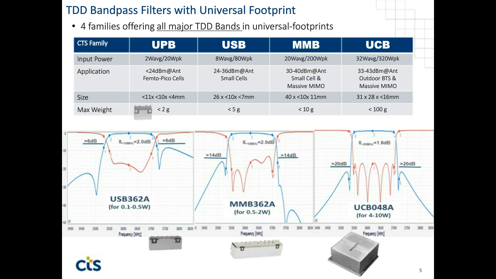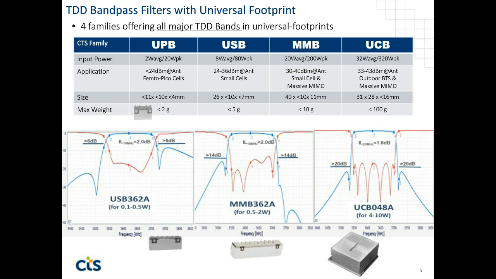For instance, in between the UPB size and the USB size, we do have some form factors that are about 16 millimeters long in that neighborhood, and we can address solutions on a point basis with that solution, in those cases where the UPB cannot quite do the job and the USB is too large.